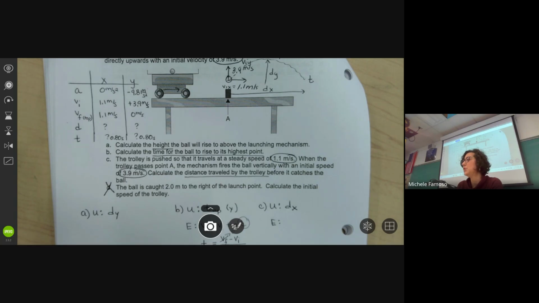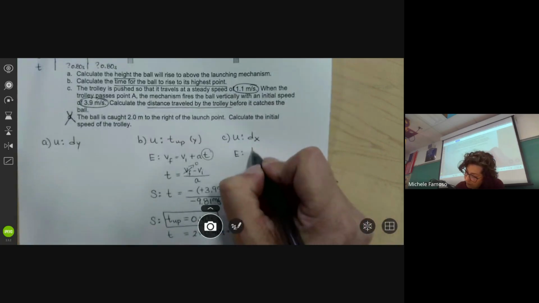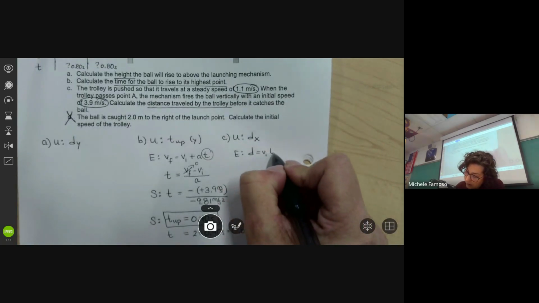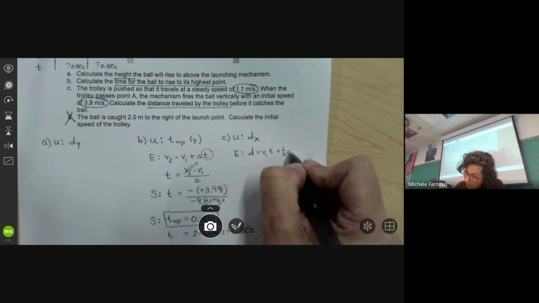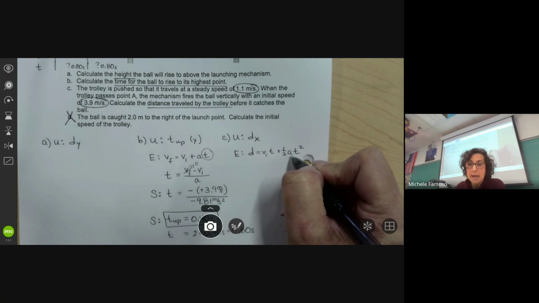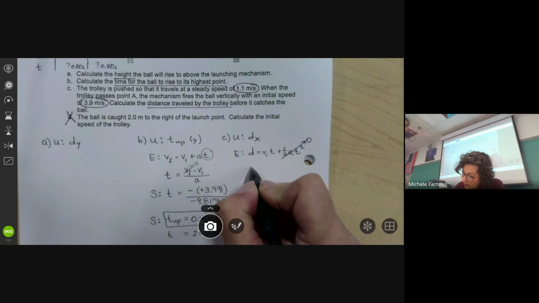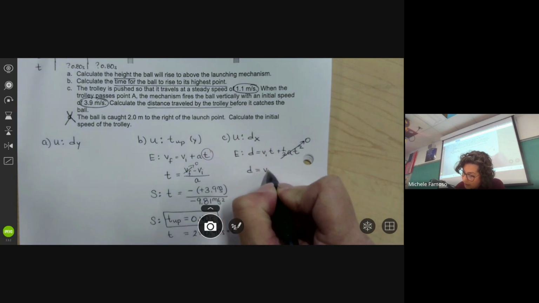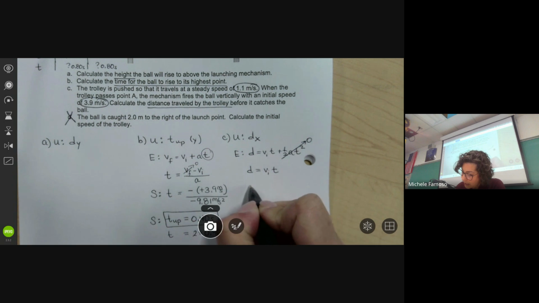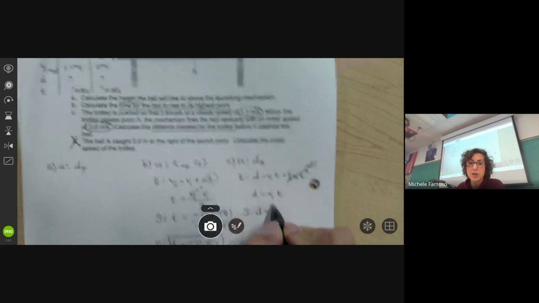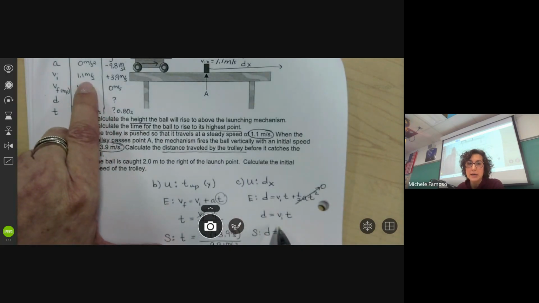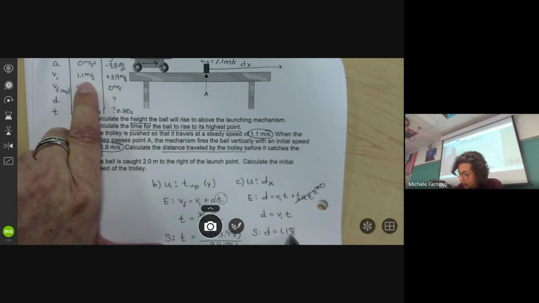There's another one that's already solved for D. That's the one I would select. And since A in the X direction is 0, that is going to drop out. So we're just doing D is VI times T. So when I substitute in, I'm doing this in the X direction. My X velocity, the VI, is 1.1 meters per second.